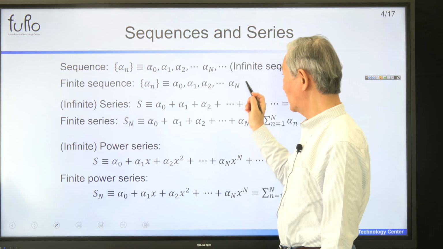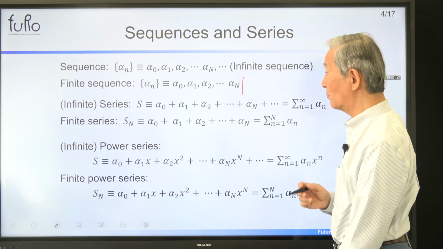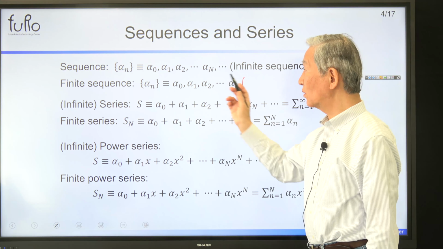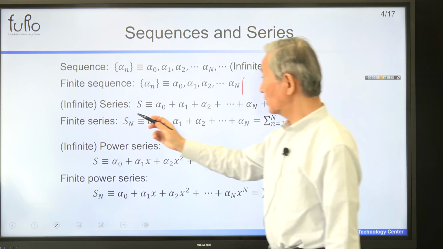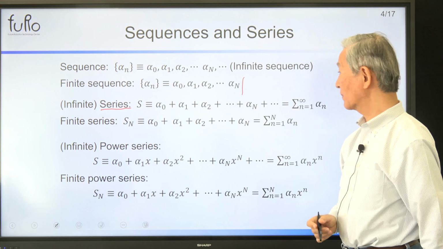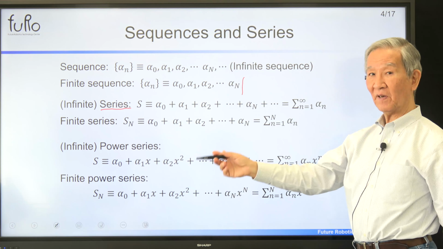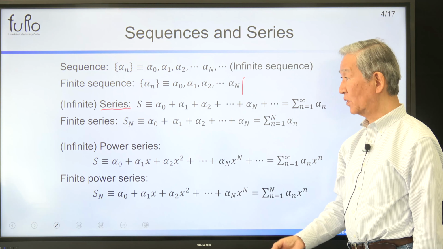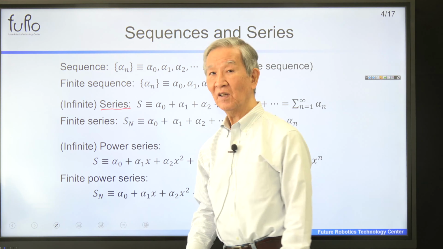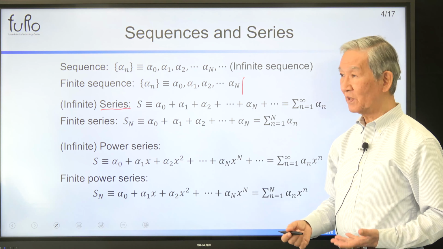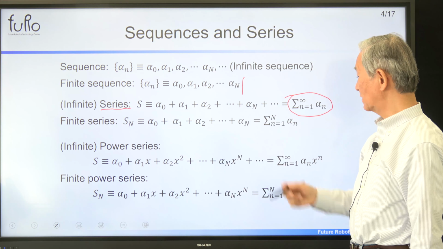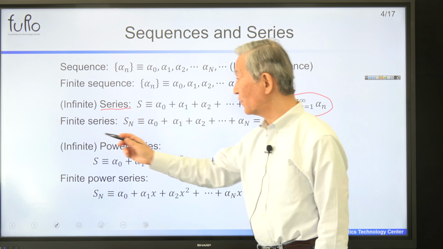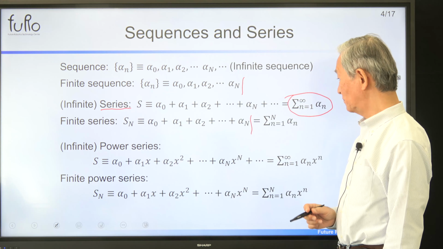A finite sequence is the one which terminates at a finite number. And if you add all of those elements in a sequence, then that is called a series. Infinitely many of them, infinite series, of course, but most of the time we don't even say infinite. In summation form, this is what we use. And if you have only finitely many of them, that's it.